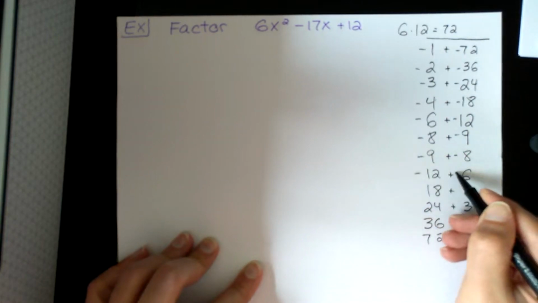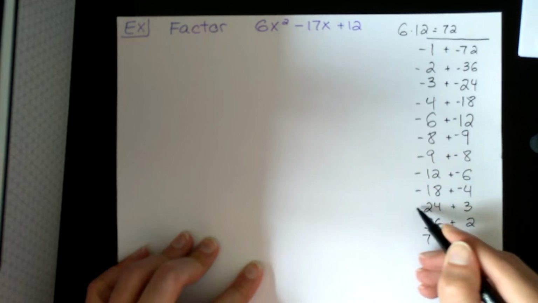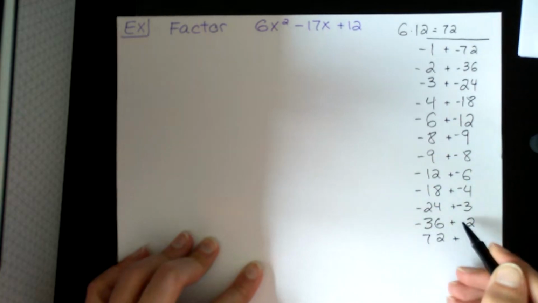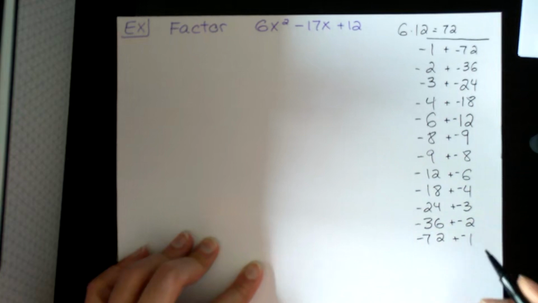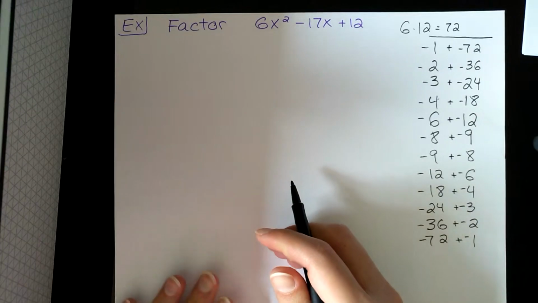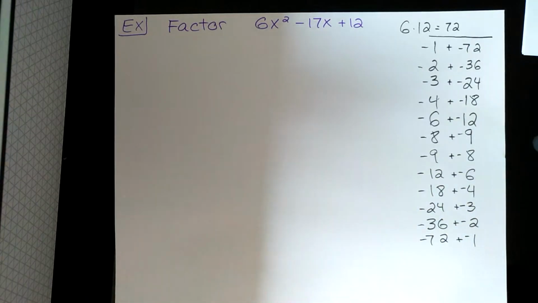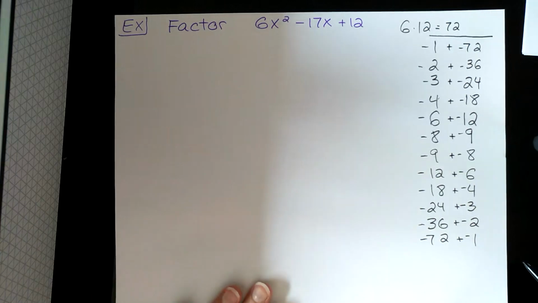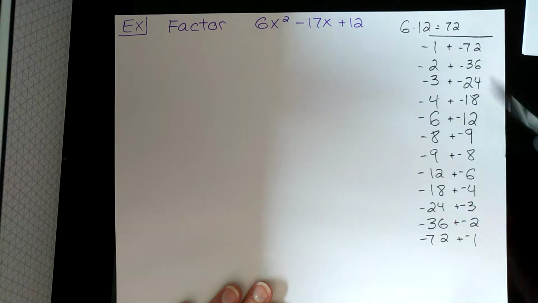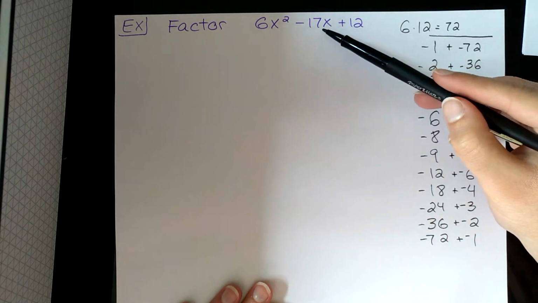And as you get better and better at this process, you won't need to check every single scenario, but this is just showing you that there isn't any guesswork technically involved. Alright, so from here, we now need to check which of these pairs gives us negative 17.